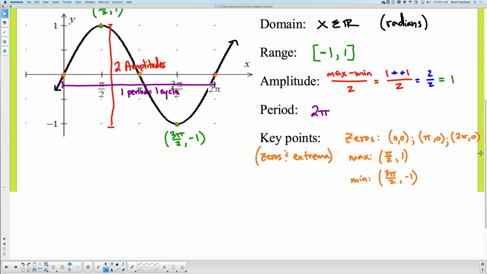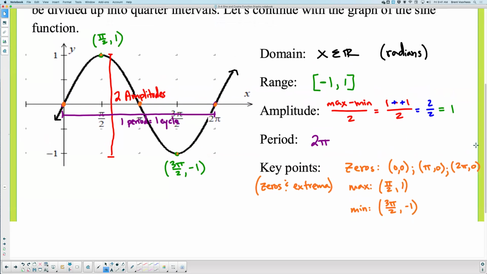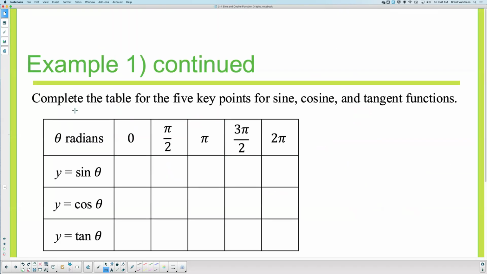That's what it looks like as a graph. Frequently we use a unit circle because you can see the pattern of values and you get your x's and y's at the same time. But if you just wanted to graph the sine function, it would look like this wave. The unit circle is just to help you memorize all the values, if you will. But that's what the graph actually looks like.